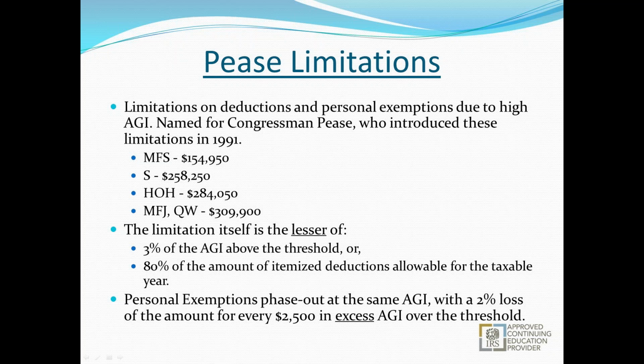Personal exemptions as well do totally phase out. That's not really the scope of what we're talking about because personal exemptions are separate from deductions, but they do actually limit themselves down. They start with a 2% loss for every $2,500 in excess AGI over that particular threshold.